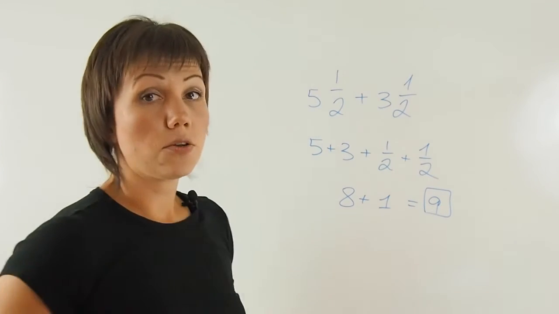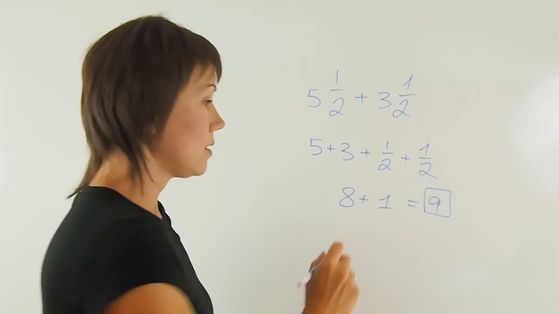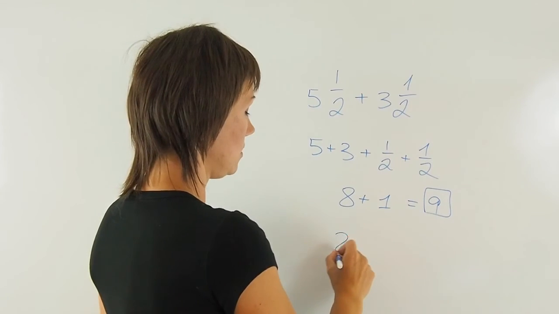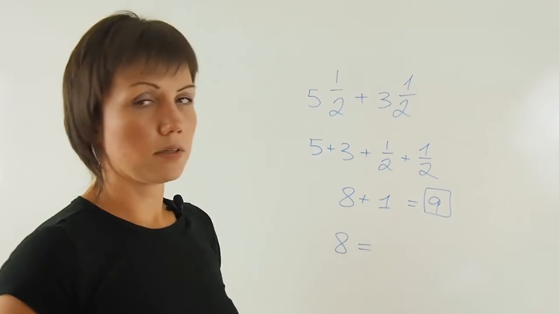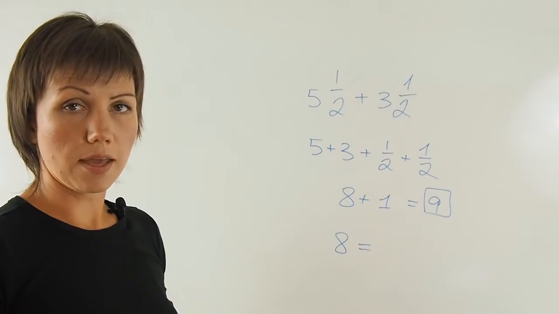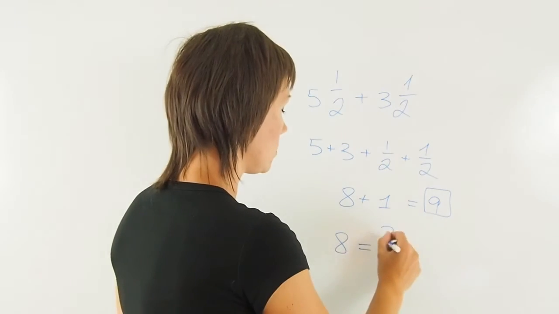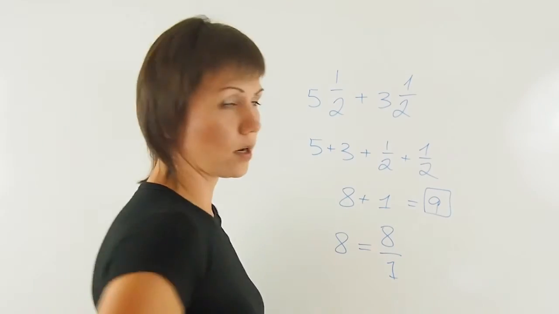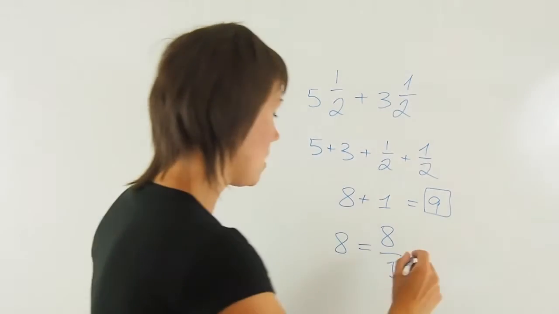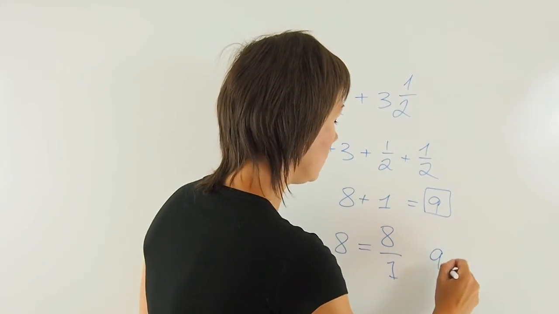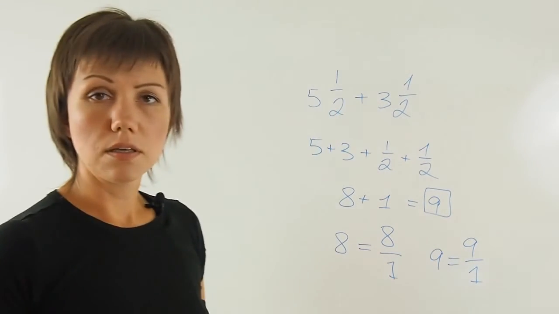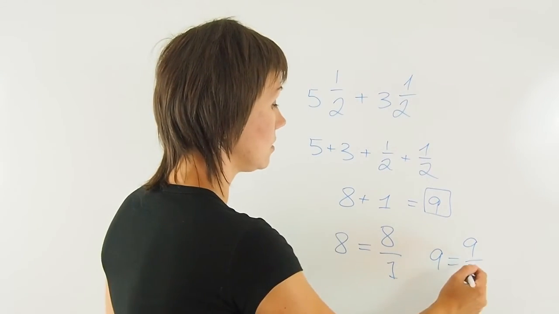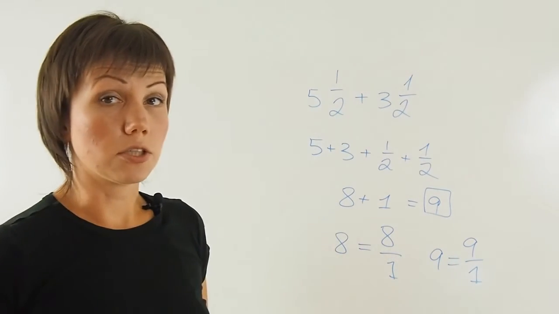If you are just adding a whole number to the mixed number, just add the whole parts. It's also useful to know that you can represent any natural number as a fraction with the denominator 1. So 8 is actually 8 over 1, and 9 is the same as 9 over 1, because the fraction line means division.